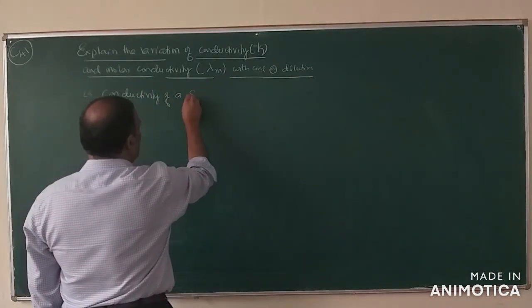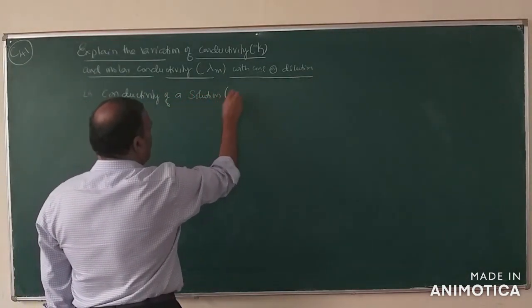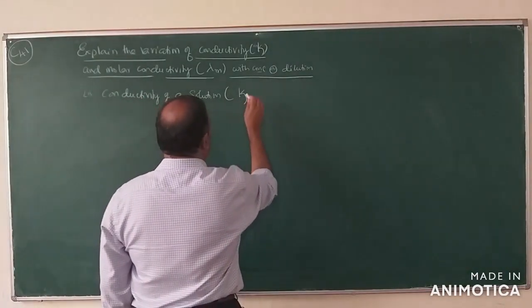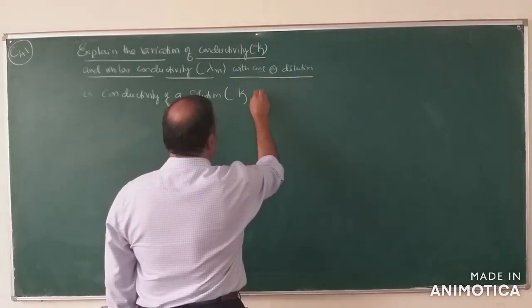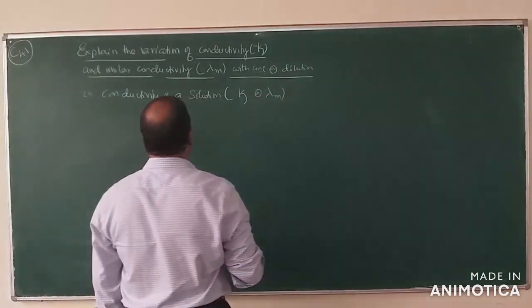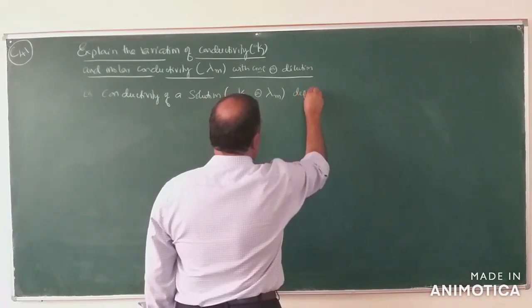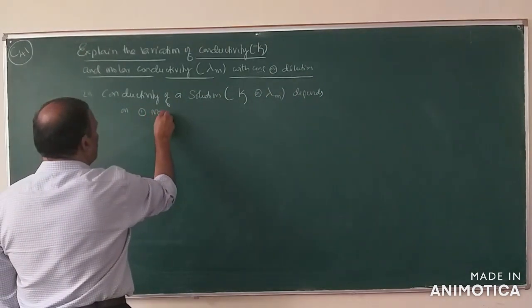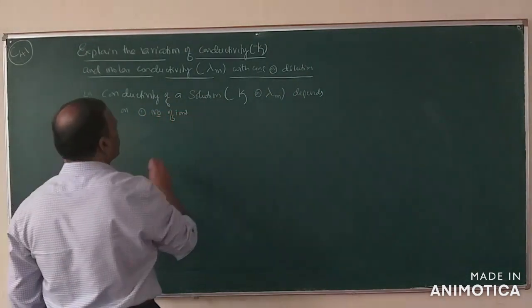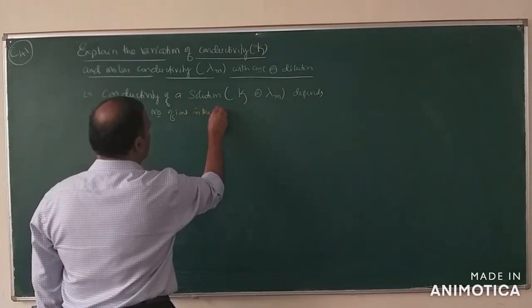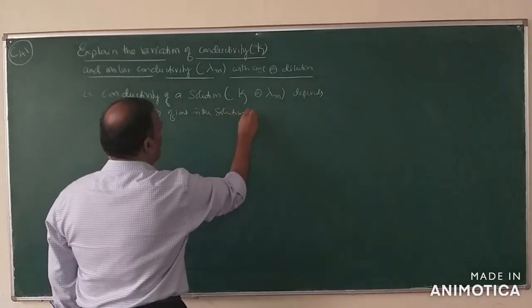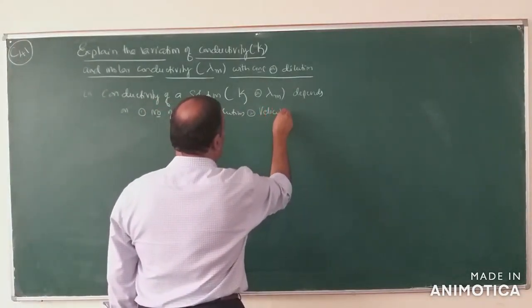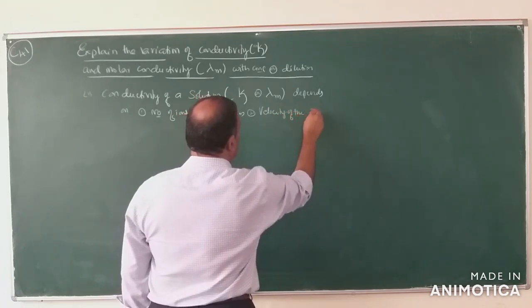Both specific conductance and molar conductance depend on number 1, number of ions in the solution, and number 2, velocity of the ions.